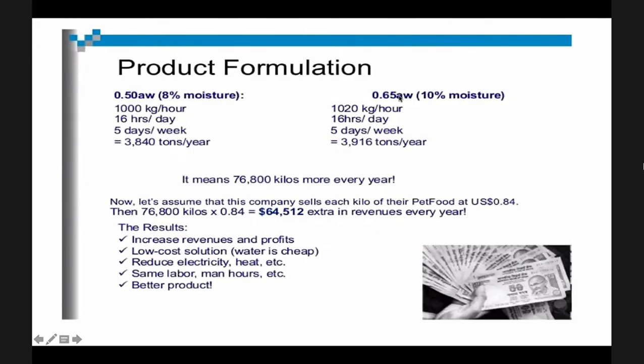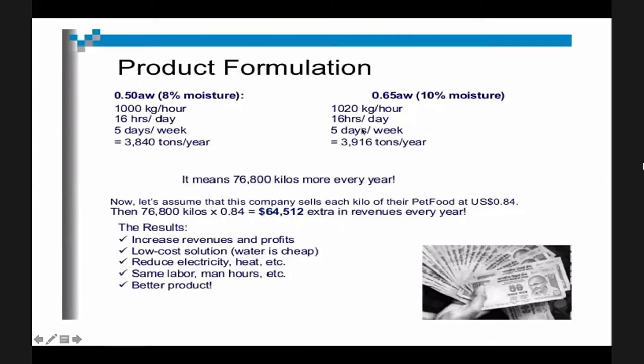But at 0.65 water activity with a 10% moisture, the volume per hour increased from 1,000 to now 1,020 kilos per hour, on the same 16-hour day shift and 5 days a week also.